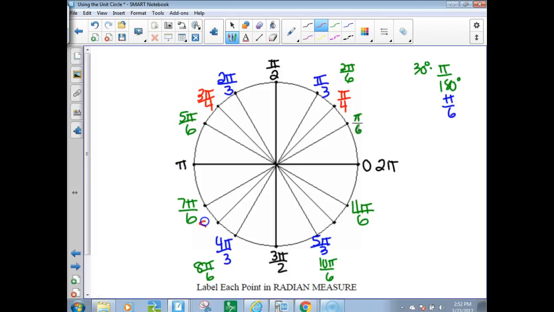Then the next one, 5 pi over 4. 6 pi over 4 at the bottom. So the next one is 7 pi over 4. And 8 pi over 4 would give me 2 pi. So we are just cutting it up into fractions, okay? Degrees.